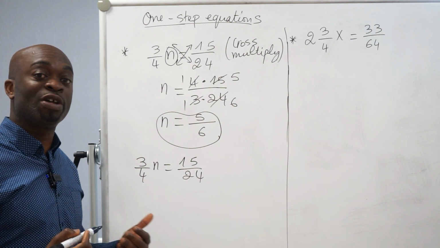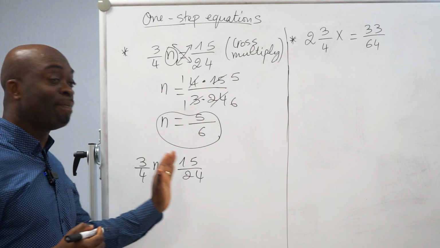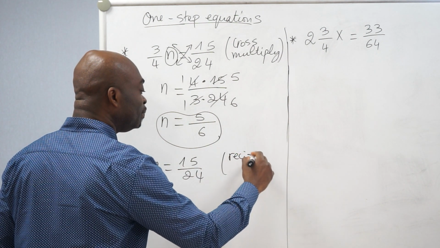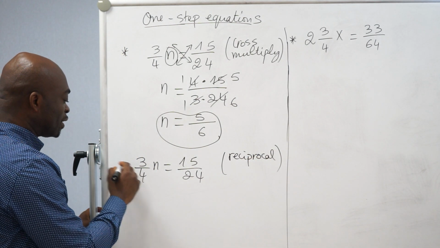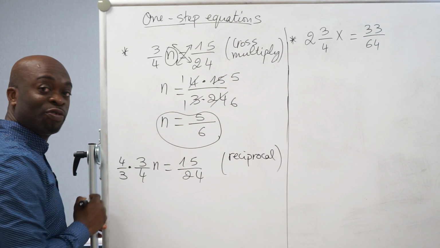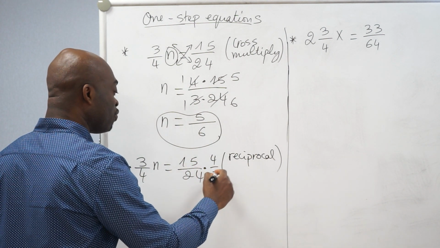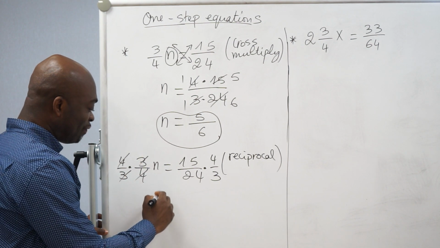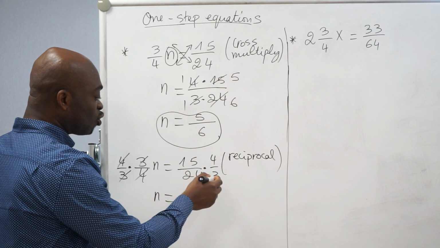I want to cancel 3/4, so I have to find the reciprocal of 3/4 and multiply both sides by that. So what does that mean? That's the reciprocal. I'm multiplying this side by 4 over 3, and I'm multiplying this side also by 4 over 3. So 4 out, 3 out. I have n left by itself.